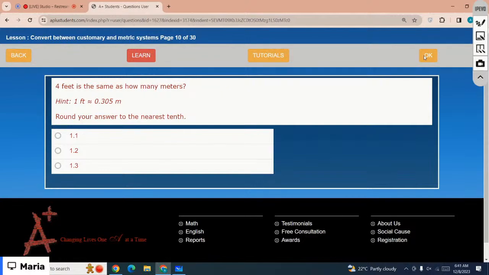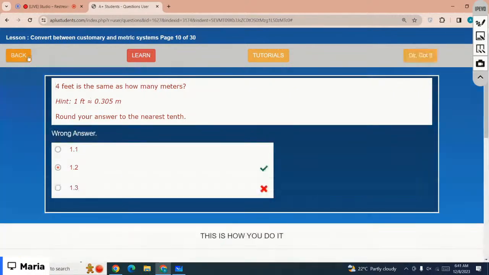And the correct option is 1.3. It is right. Okay, you can complete the lesson by yourself later today. 1.2 it is, sorry.